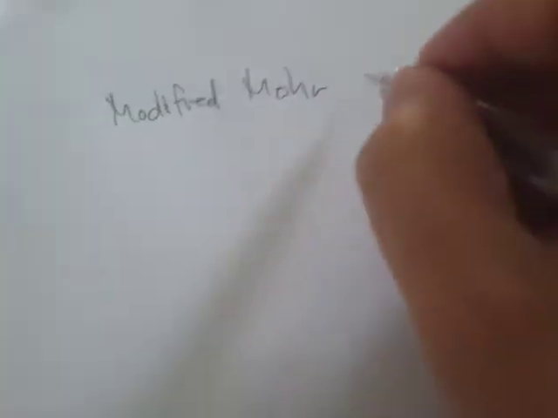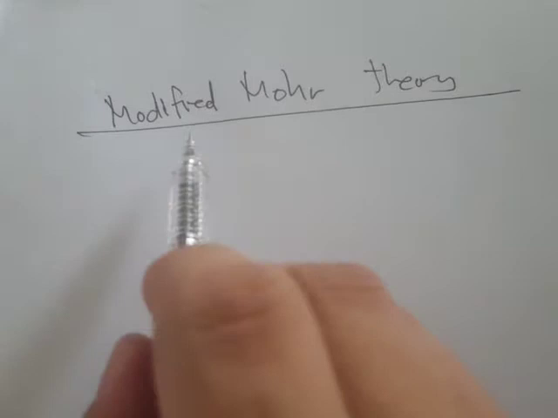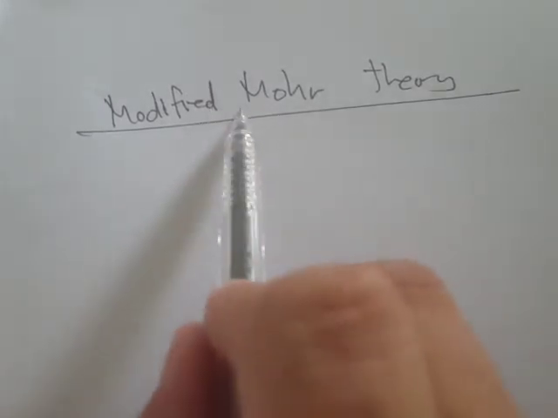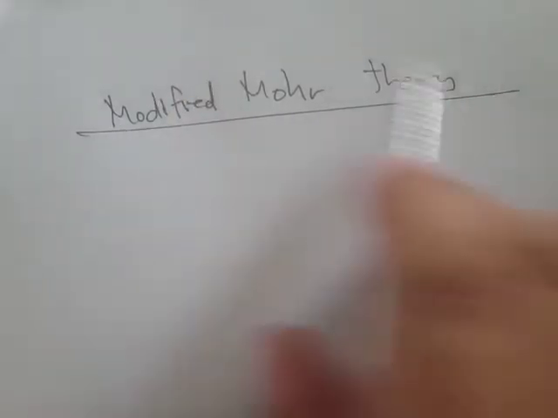All right, so now let's move on to the next failure theory, which is the modified Mohr. Modified Mohr theory. From the word itself, when you say modified Mohr, that simply shows that there are still other Mohr theories from which it was derived.